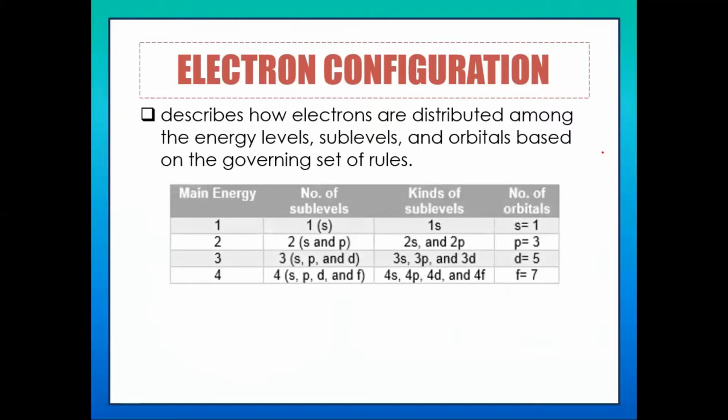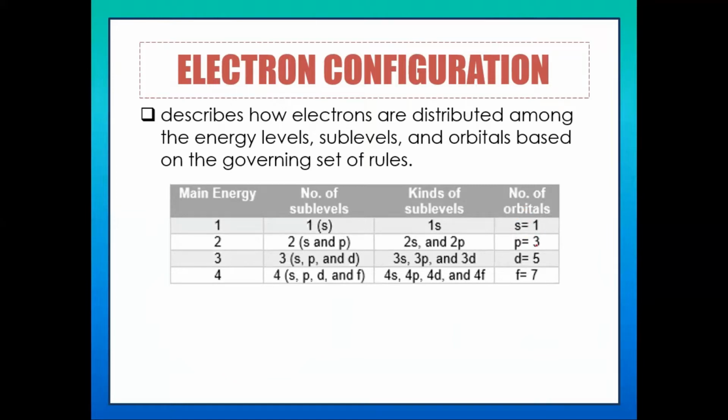Just a recall, remember that the main energy level is equal to the number of sublevels. And there are different kinds of sublevels denoted by s, p, d, f. And each sublevel corresponds to a certain number of orbitals. For s, there is only one orbital.